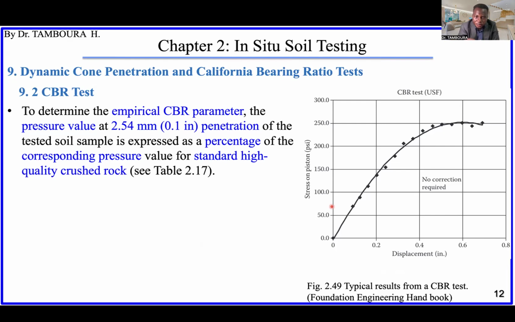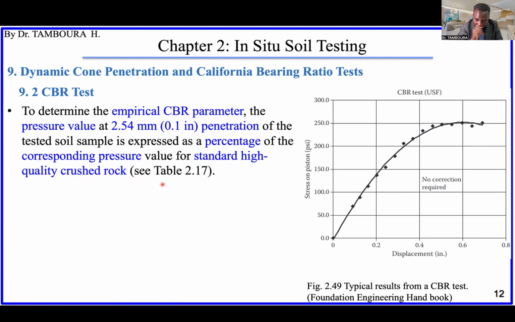But anyway, the pressure value corresponding to this penetration of this soil sample is expressed as the percentage of the corresponding pressure value for a standard high quality crushed rock.